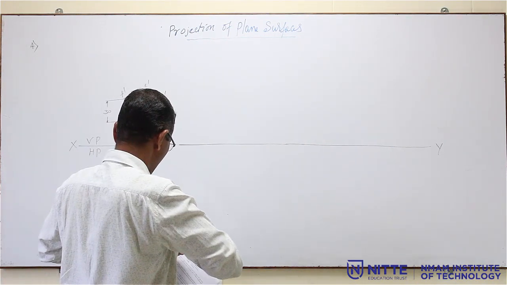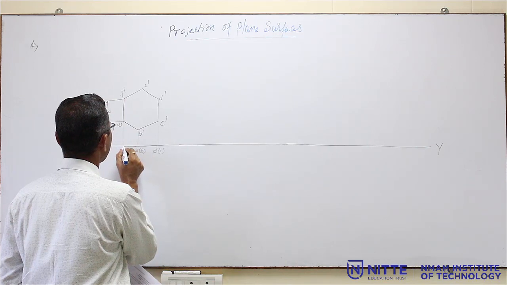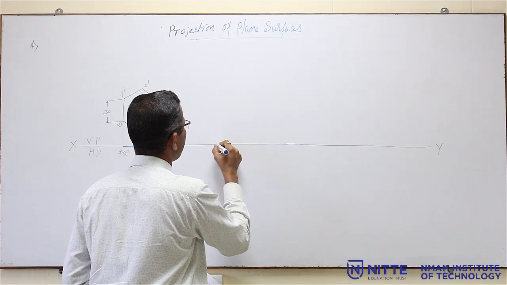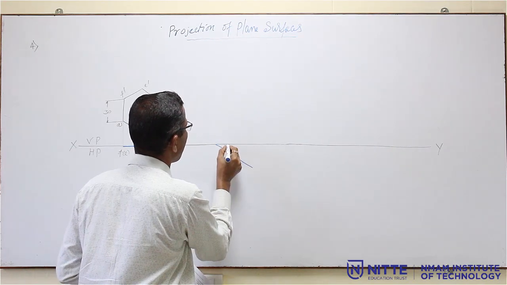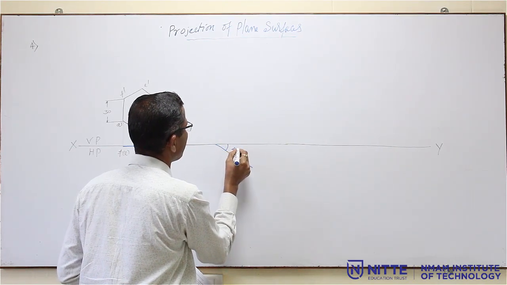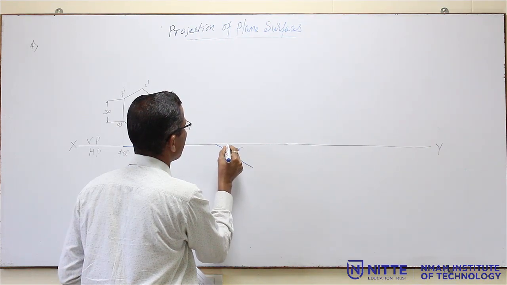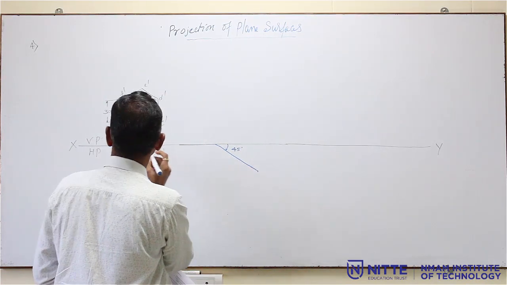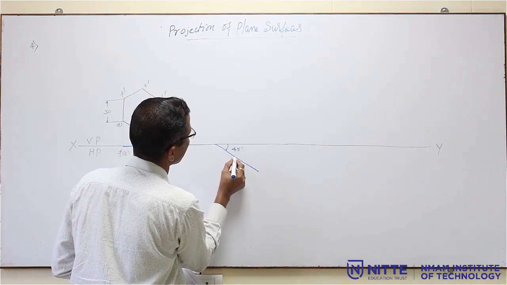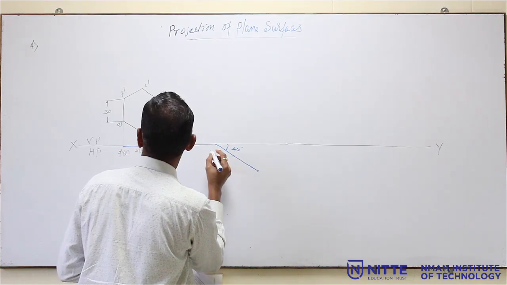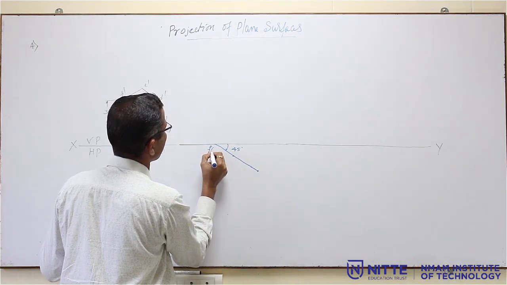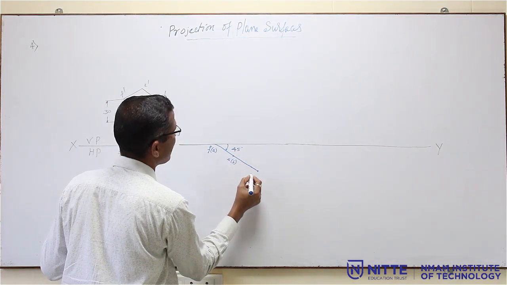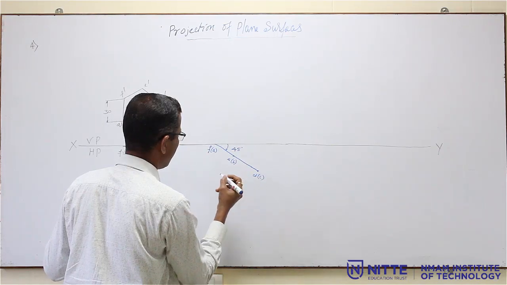So, you redraw this top view, whatever top view is present here, redraw it here at an angle of 45 degrees. Same length you have to take here and transfer all the points and all the namings also: F, A, E, B, D and C.